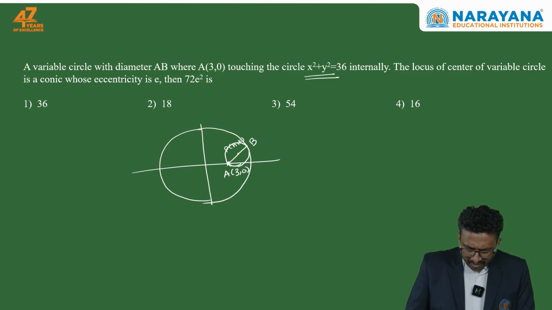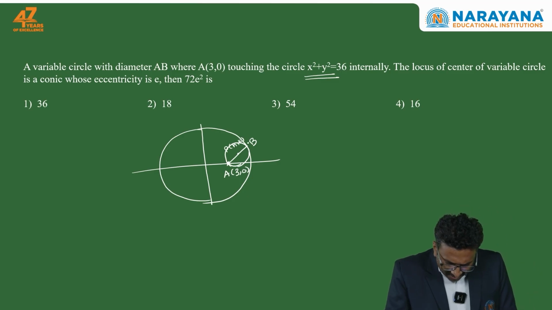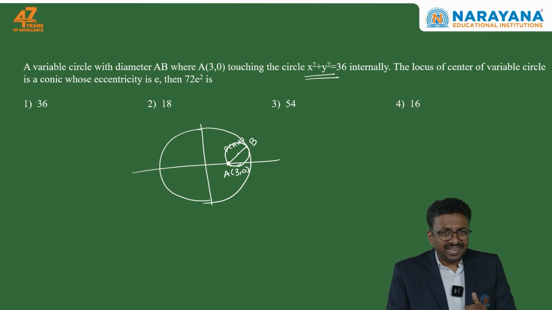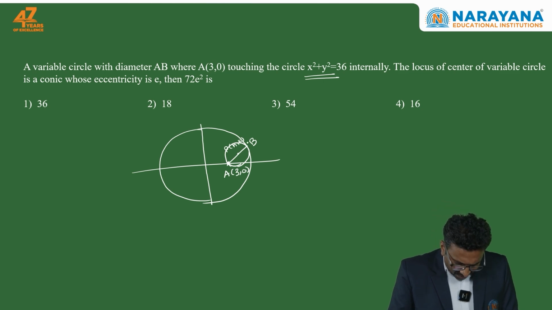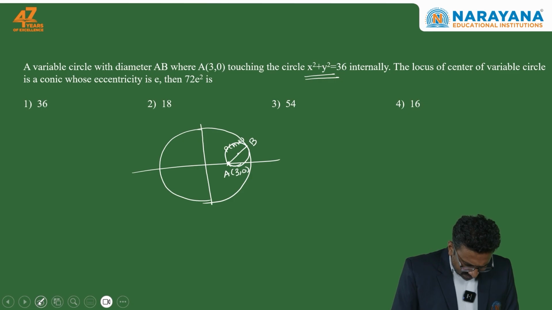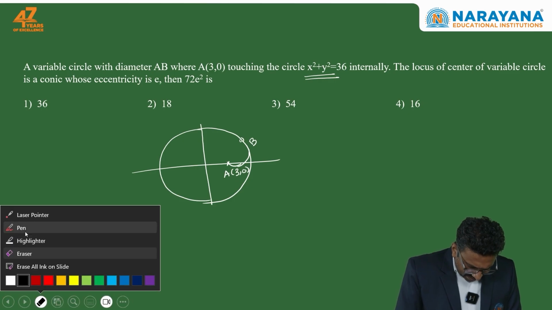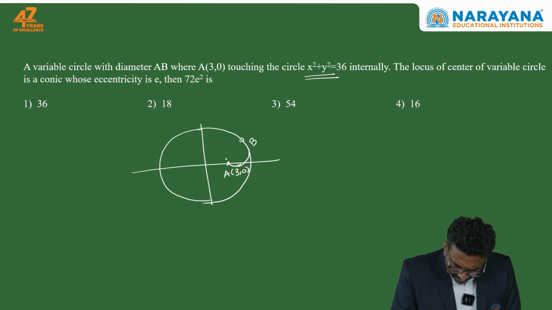Now we know that the circle need not touch the given circle at the endpoint of the diameter. It is just said that AB is the diameter. So let us say they are touching each other at some point.